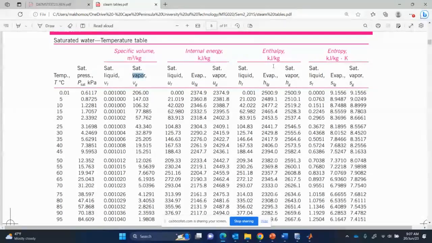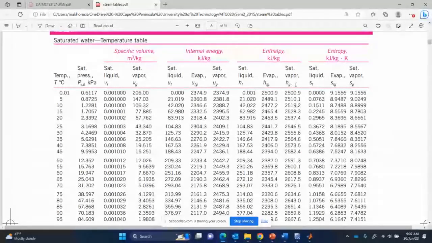Now we have hf. hf is the specific enthalpy of liquid or of water. hfg is the specific enthalpy of evaporation. In other words, vapor and steam and water. And then hg, specific enthalpy of dry steam or saturated steam.